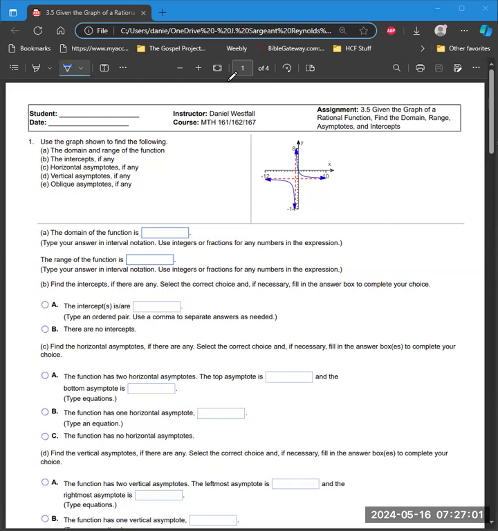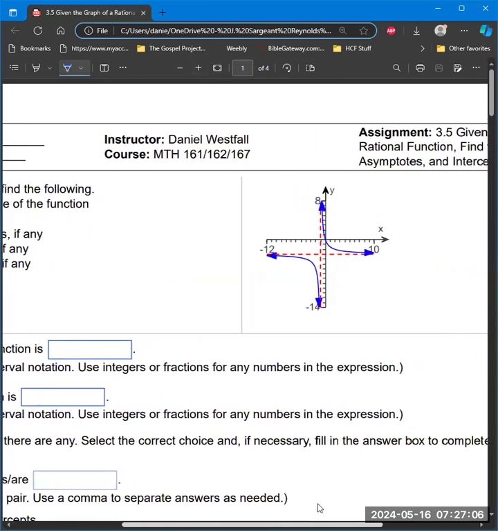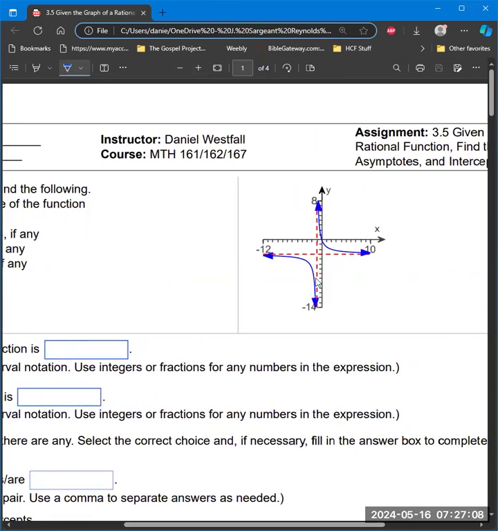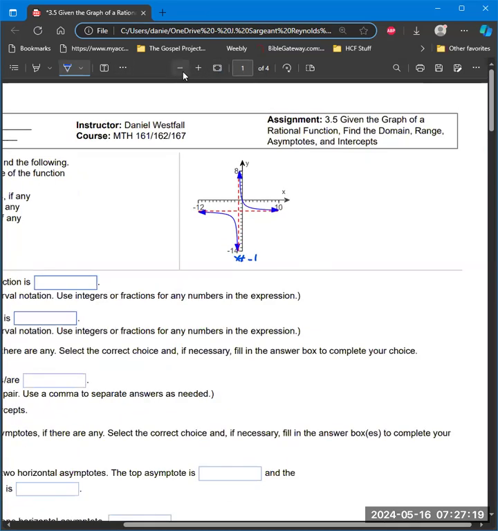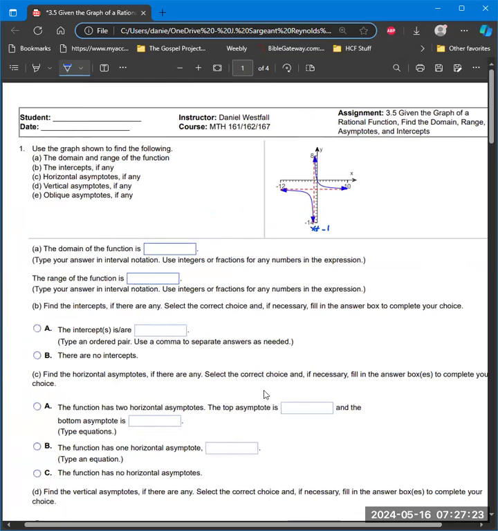I'm going to zoom in a little bit here so that we can better see that this asymptote here is x not equal to -1. So that gives us a domain of -infinity to -1, union -1 to infinity.